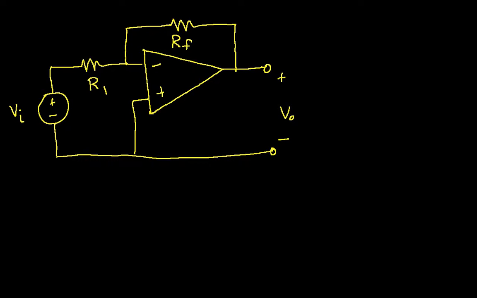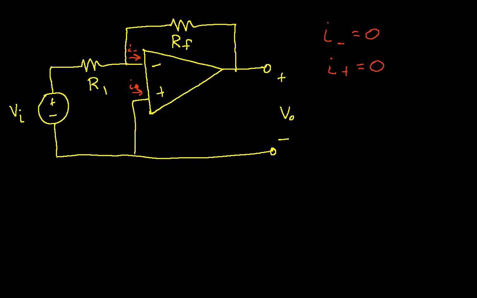So let's begin. We'll do this analysis using the ideal op-amp model. And as we've talked about in previous videos, the idea behind the ideal op-amp model is that the current going into the inverting input and the current going into the non-inverting input, both of these, I minus and I plus, will be 0.